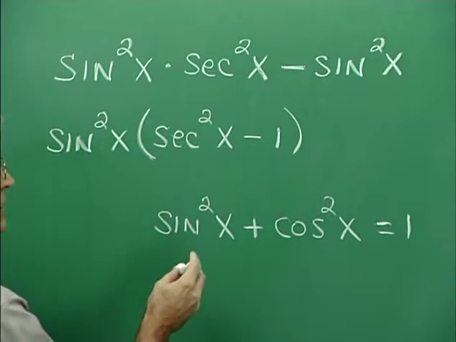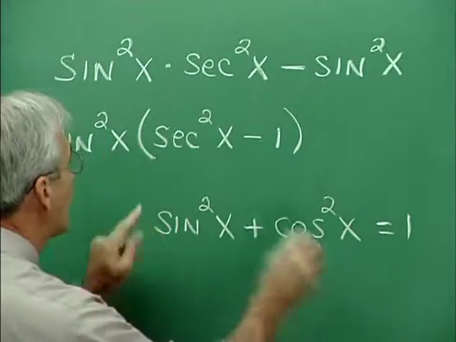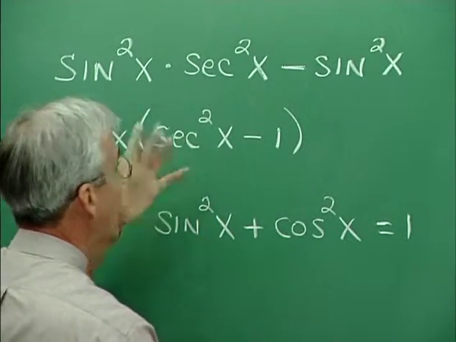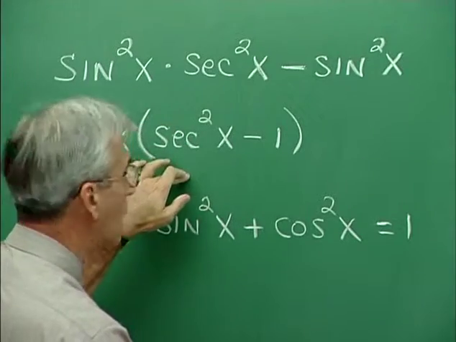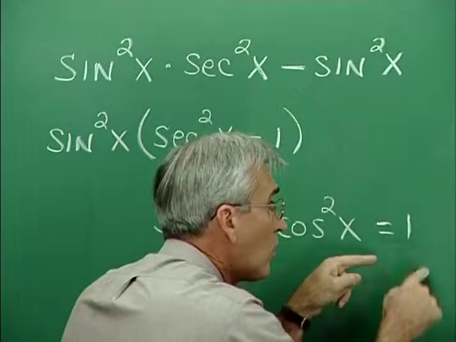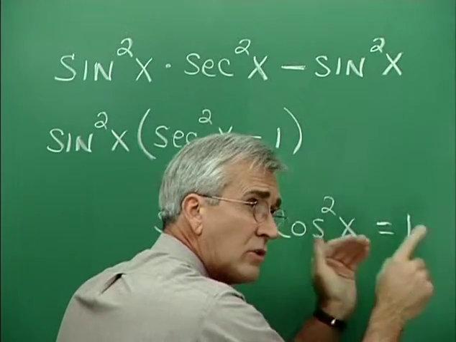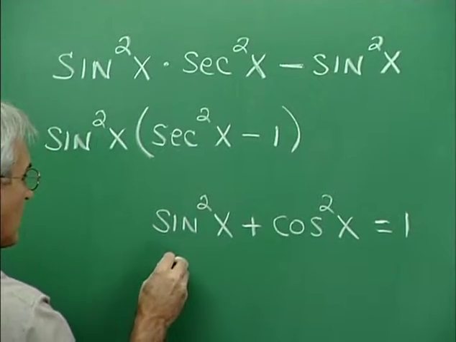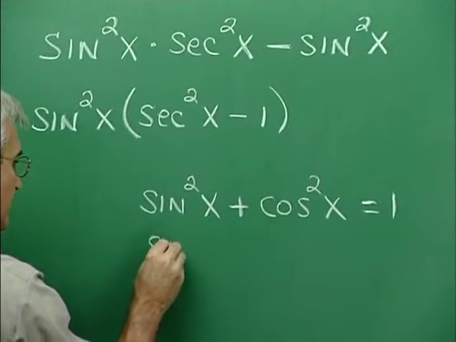Now, I'm tipped off here that I want to have something that looks like secant squared. And I know secant squared is 1 over cosine squared. And if I divide through by cosine squared, I'll have, you see, 1 over cosine squared here, secant squared. So that's my tip off that I need to go through here and divide by cosine squared. So I'm doing this.